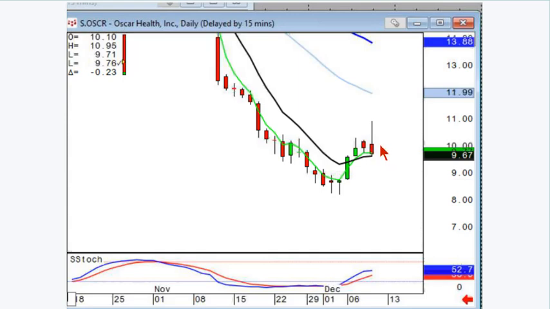Now, even though this looks ugly, the final criteria is it hasn't closed below the T-line. So what's your strategy on this one? It has to open positive and trade positive to stay in it. If it opens lower, close out the position.